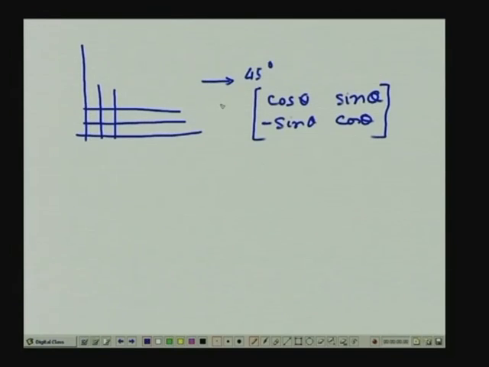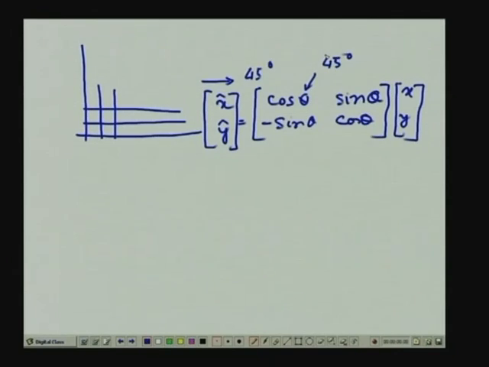In the rotated image I can represent these pixels by x hat, y hat, whereas my original pixels are x and y. And in this particular case, the value of theta is simply 45 degrees.